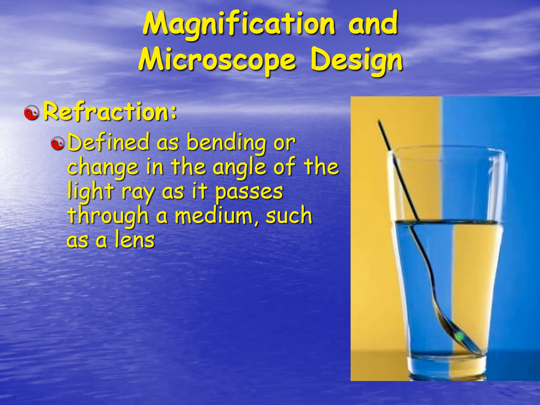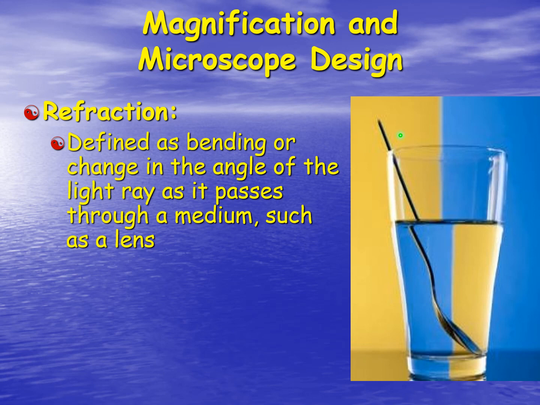Is it? Well, it's not. What we're seeing is light refracted through the different media. We can actually see that there's a slight bend here as we go from the air to the glass. And then we see a really big bend when we go from the glass into the water. And so this is actually refraction.